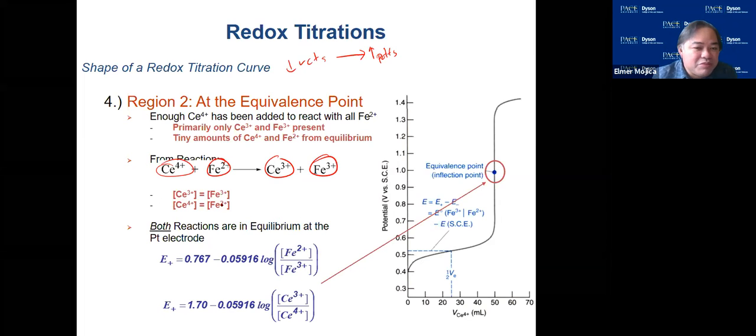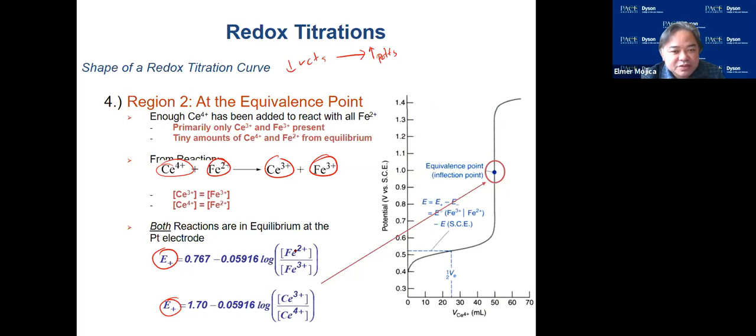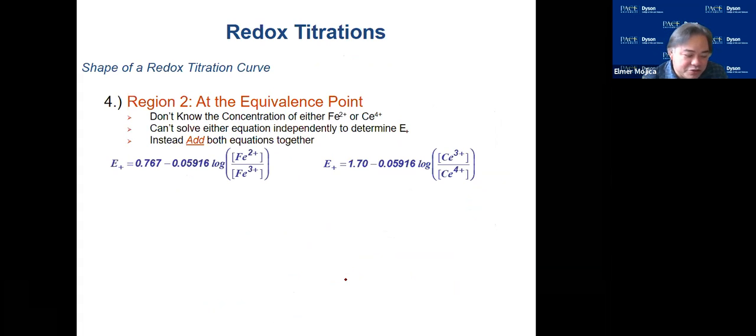So if you combine the reaction at equilibrium, you end up with this one for Fe and this one for your Ce. And as you go on, you don't know the concentration of your reactants. So you can solve either equation independently to determine the positive potential. So what you do is you add both equations together.